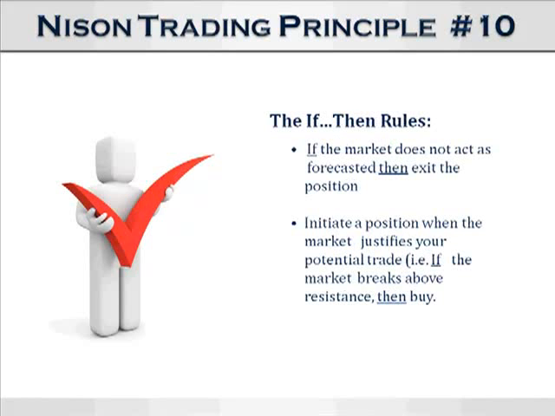I actually have like 3 or 4 if-then rules. If the market does not act as forecasted, then exit the position, and then initiate a position when the market justifies your potential trade. So if the market breaks above resistance, then you do your action. In this case, then buy.